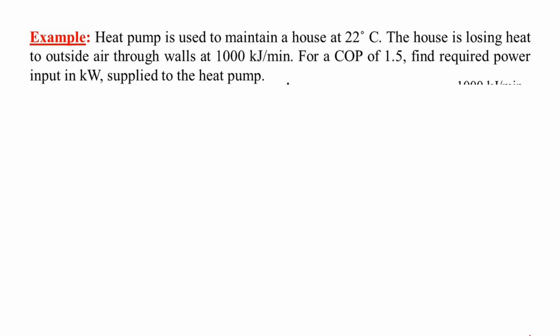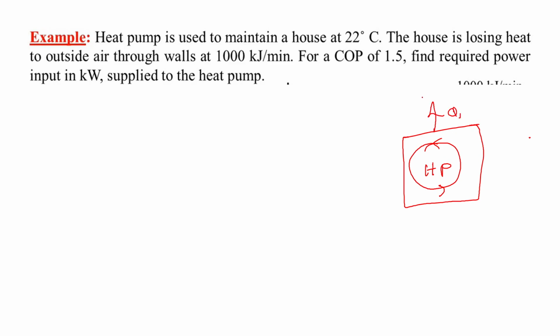So in this case also, first let us draw the diagram. So we are going to draw the heat pump. Okay, from the heat pump there will be Q1 energy heat. So the high temperature heat reservoir we can represent as T1, that is the house.